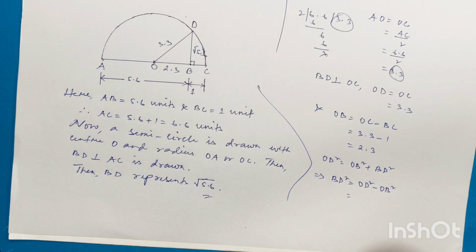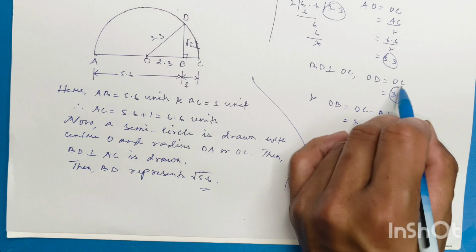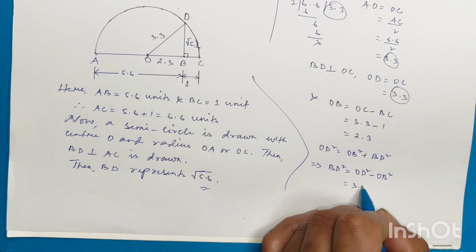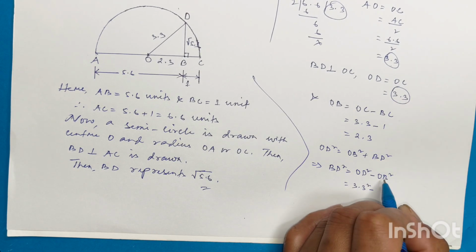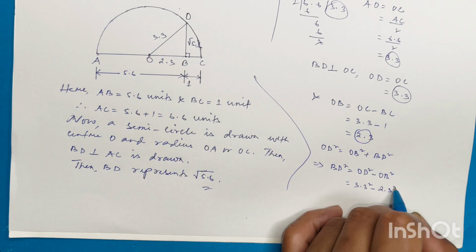Okay, now let us see again. Here OD equal to what? 3.3 square minus OB, OB equal to 2.3 square.